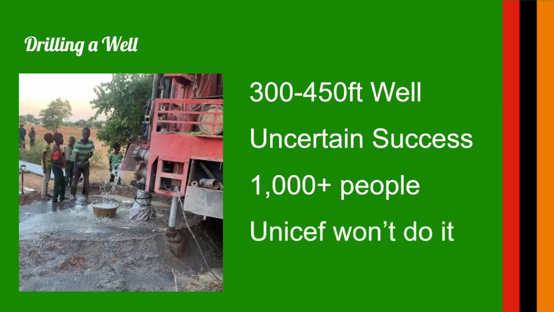Here's a quote from their website of what UNICEF does do. The key interventions supported under the programs of UNICEF include the development of WASH sector policy, strategies, plans, and standards, capacity building at the national and subnational levels. That's basically education within the government. Improving sector coordination, that's just more bureaucracy.